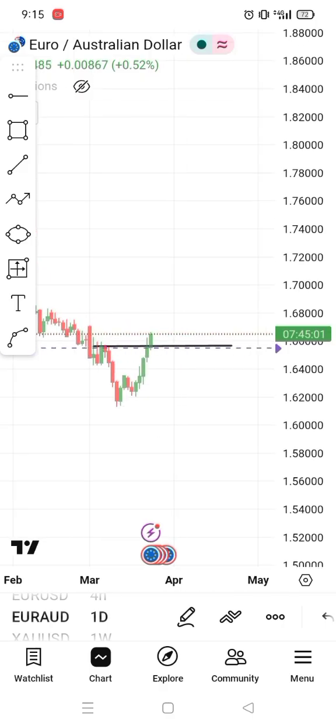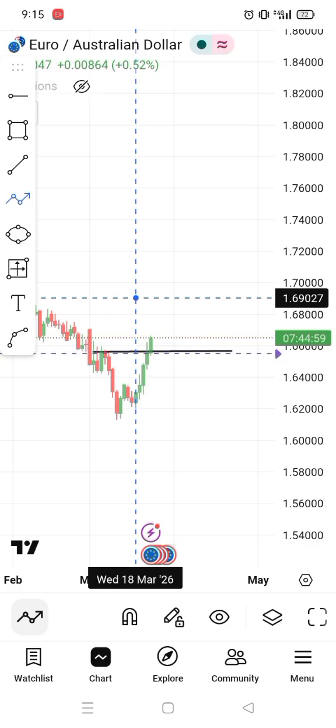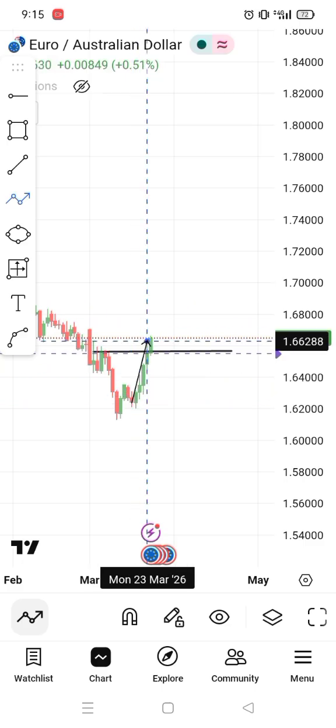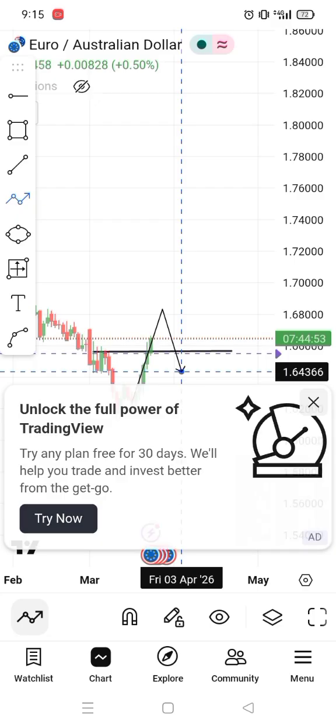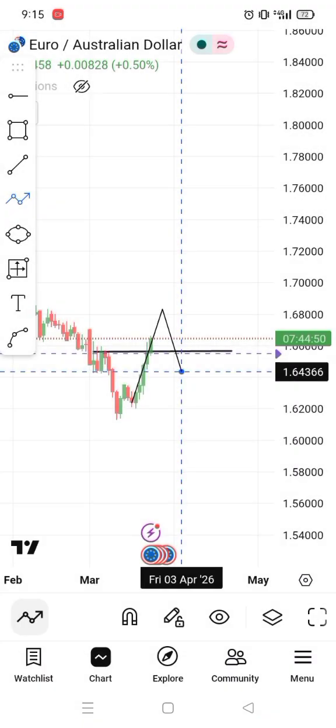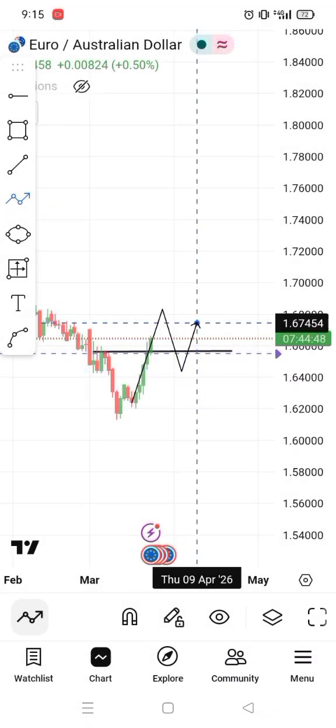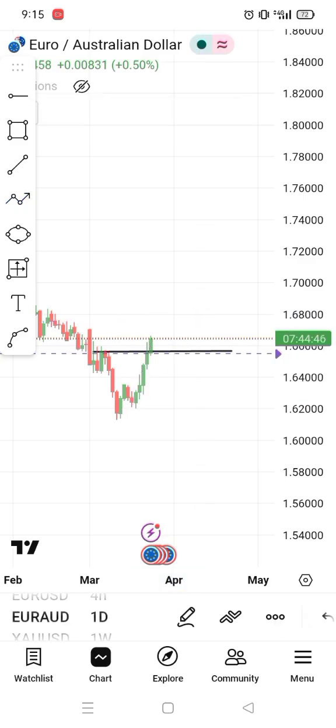We let it do its thing. We let it find the level of resistance that it wants to go, and then we'll wait for the correction to happen, and then take our opportunity when it is the right time.